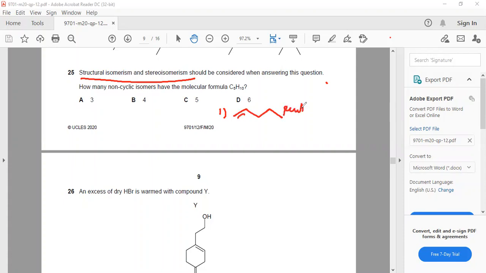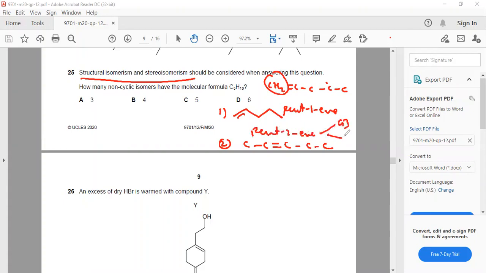Pent-1-ene, and pent-1-ene, because it is like this. So the double bonded carbon has two same groups, so there is no cis-trans isomerism. But 1, 2, 3, 4, 5, pent-2-ene. So from pent-2-ene, you get cis and trans both.